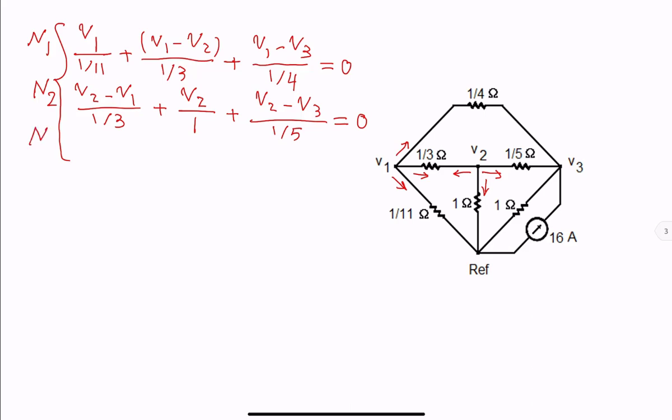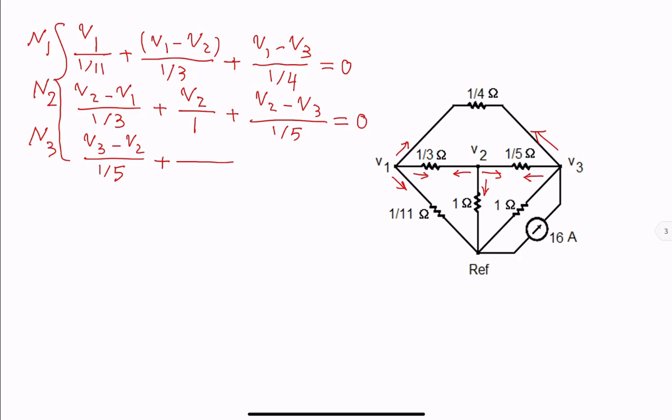For node 3, through the 1/5 ohm resistor, we need positive on the right, negative on the left for the voltage. So we have V3 minus V2 over 1/5. We add to that, through the 1 ohm resistor on the top, we need the current going left.